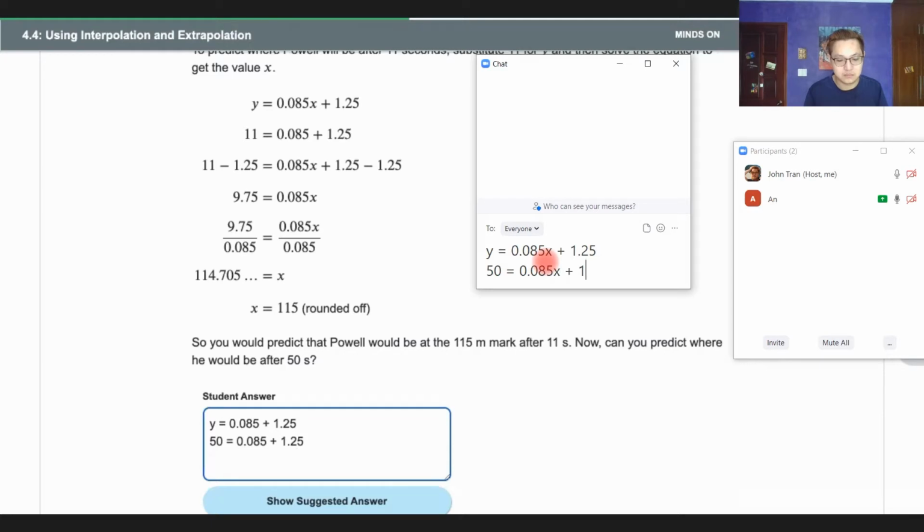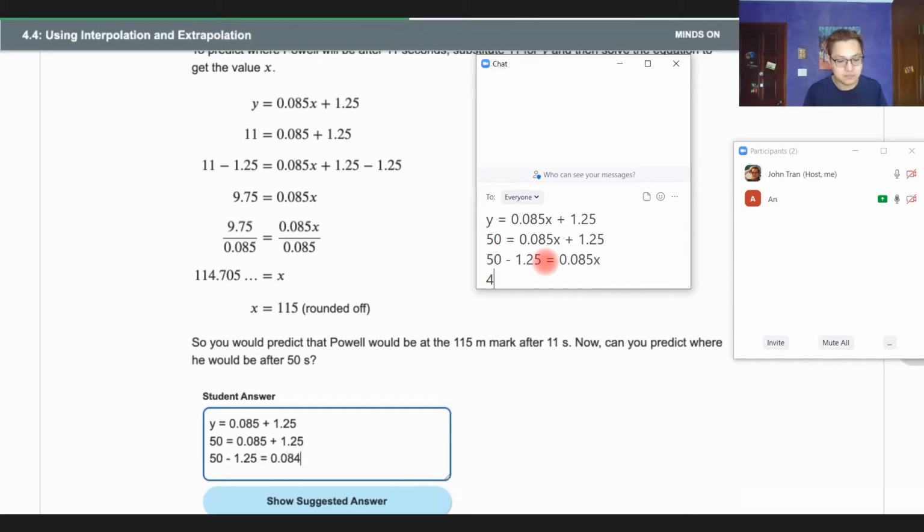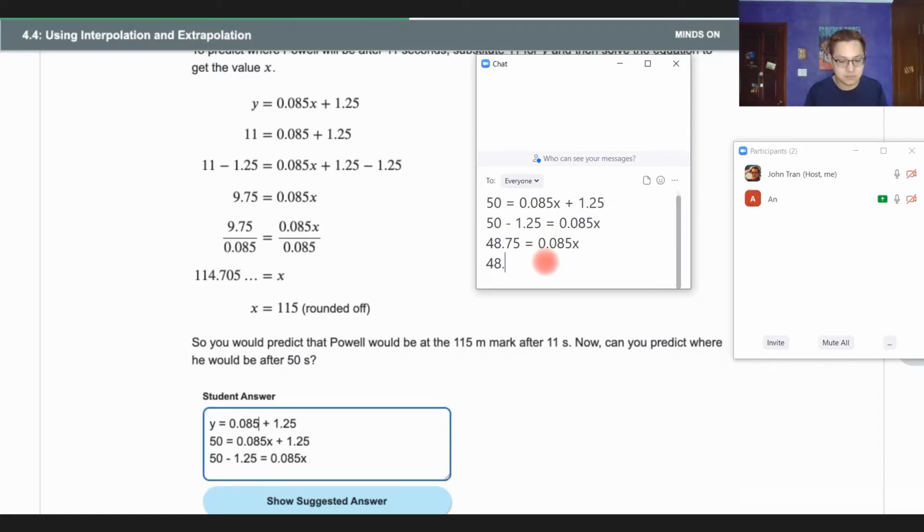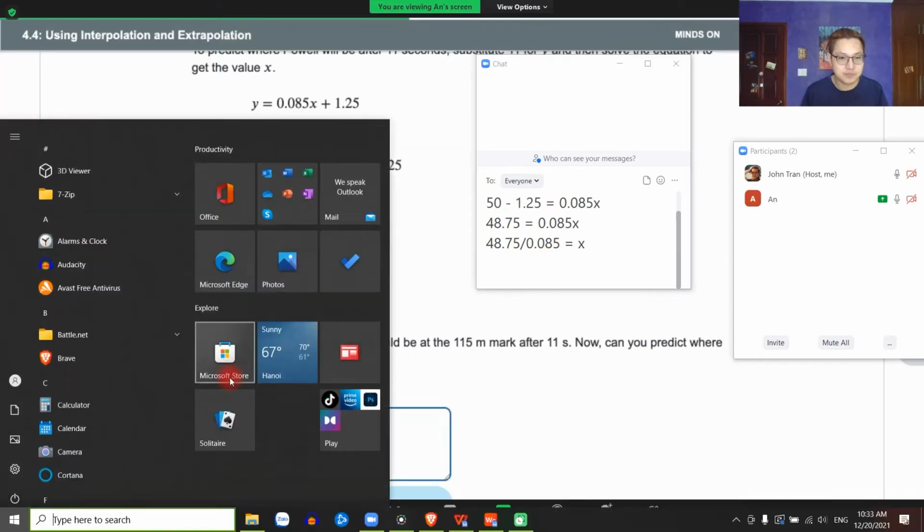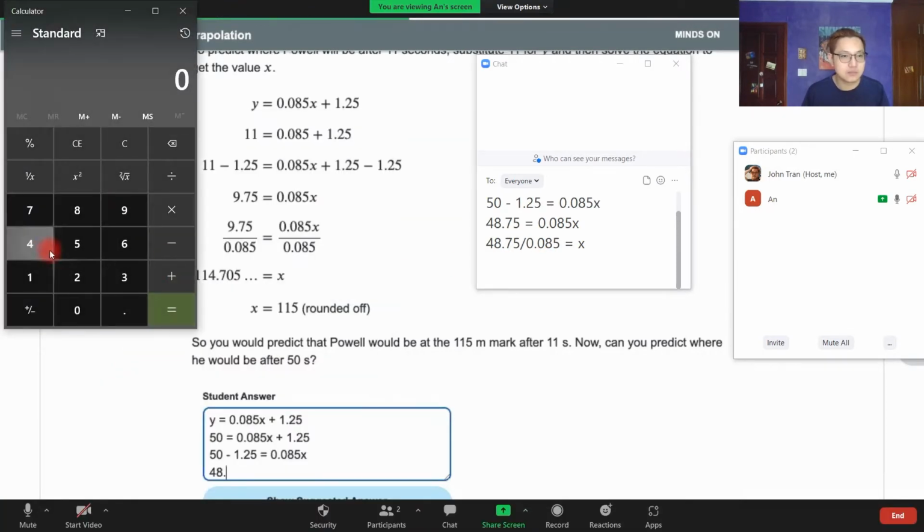Bring the 1.25 over and minus it. So 50 minus 1.25 is 48.75.